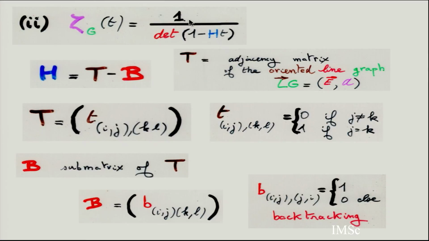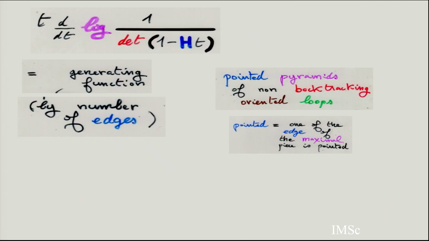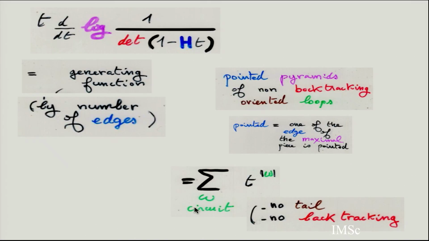And so the formula is this formula. Now it's very easy to prove with all we have done, because t times the logarithmic derivative of this is a generating function by number of edges of pointed pyramids of non-backtracking oriented loops. This is also the sum of all circuits with no tail and no backtracking.